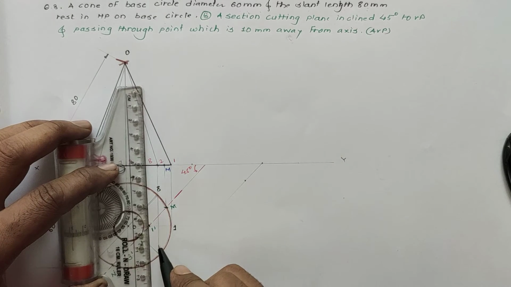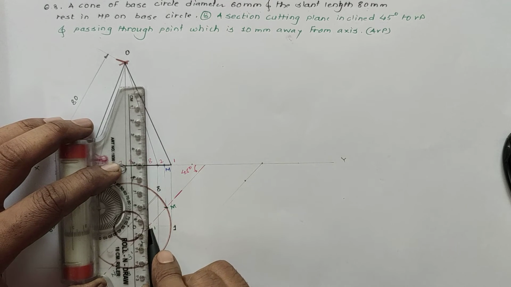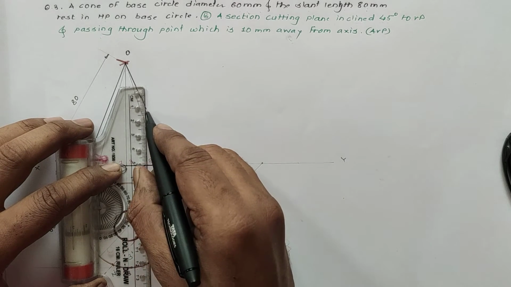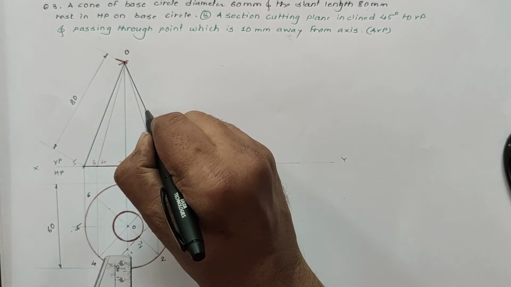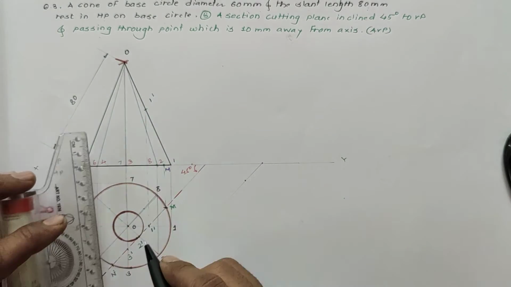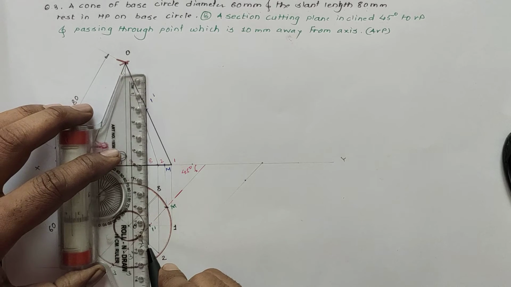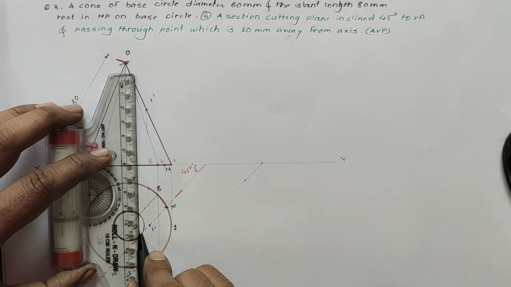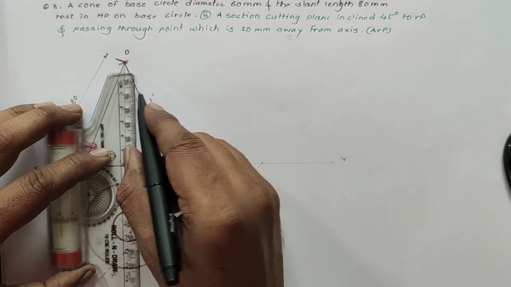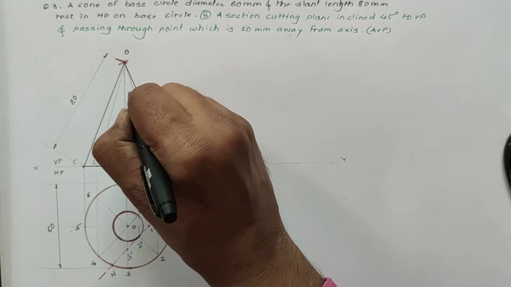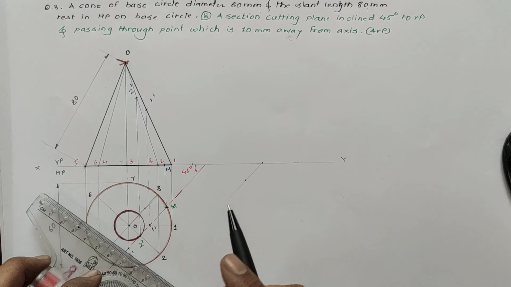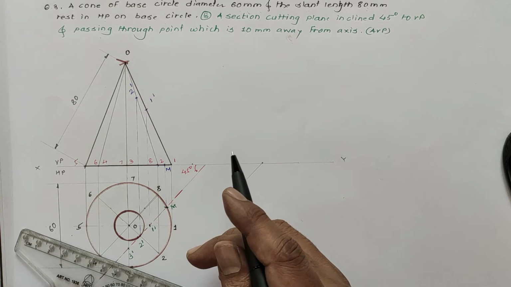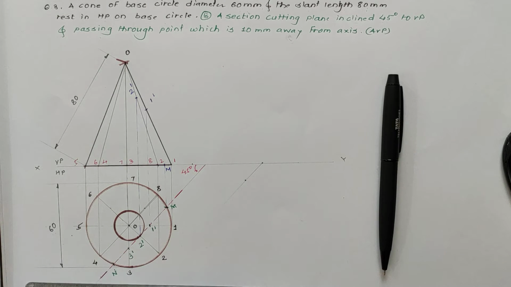Next point is 1 dash. Take the vertical front projection line from 1 and transfer it onto the generator O1. On O1 we get 1 dash. Next point 2 dash: take the vertical front projection line onto the O2 generator. So this is the point 2 dash. For 3 dash we use the reverse method.